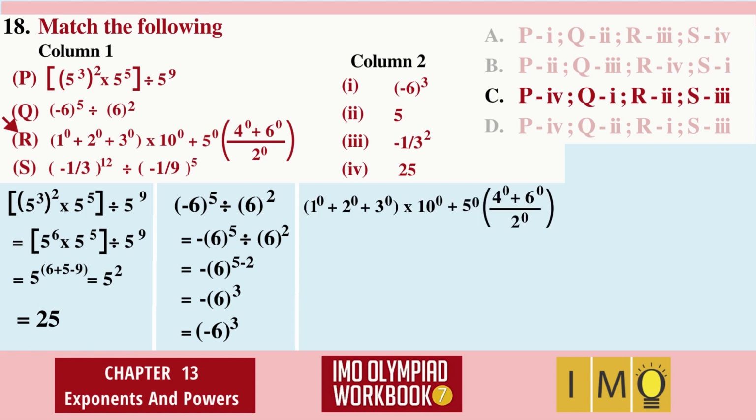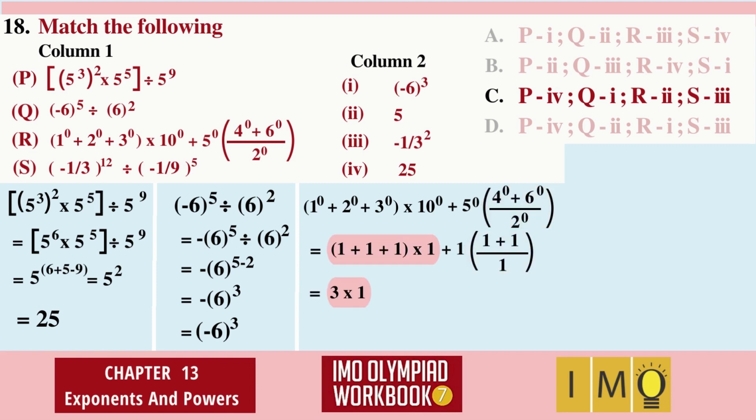Statement R. Here, let's remember that any number raised to the power of 0 will always be 1. 1 to the power of 0 plus 2 to the power of 0 plus 3 to the power of 0 becomes 1 plus 1 plus 1. 10 to the power of 0 is also 1. 5 to the power of 0 is 1. 4 to the power of 0 plus 6 to the power of 0 by 2 to the power of 0 becomes 1 plus 1 by 1.